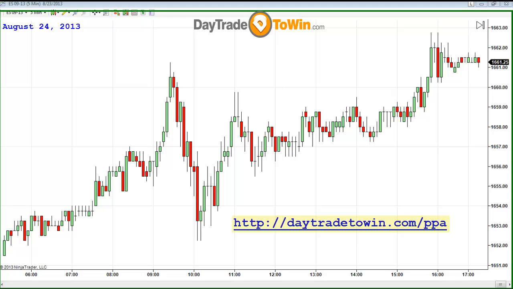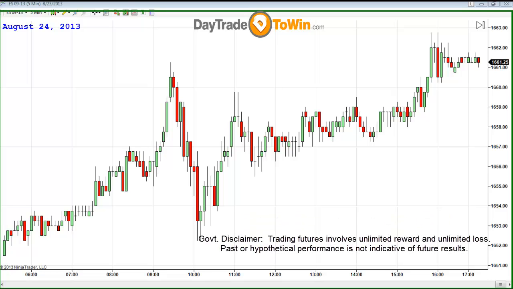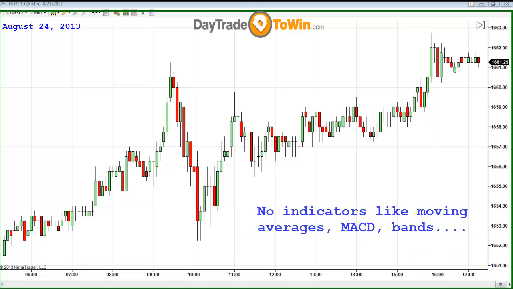So to start off, I see here some of my students in the room. I also see some new traders. I've been trading for a very long time. I try to stay away from conventional indicators. The idea here is to not look at moving averages and not look at MACDs and bands and all of those things that most traders are used to looking at, but instead think about the market in a different way.